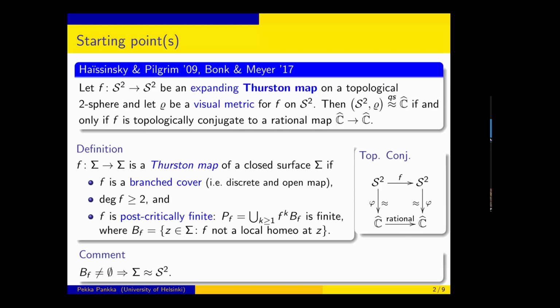The things we consider go back to Haïssinky-Pilgrim and then Bonk-Meyer, and there's this dynamical characterization of rational maps.